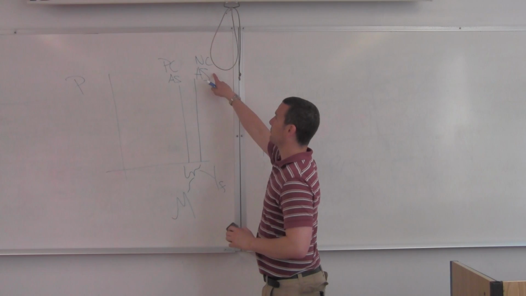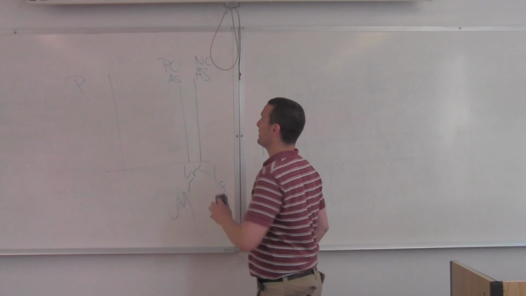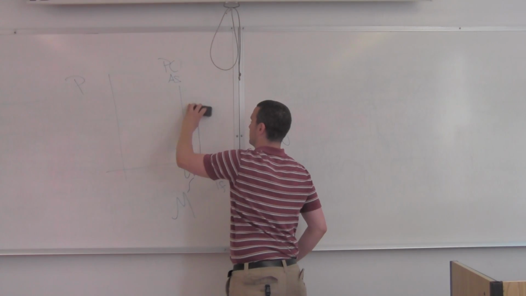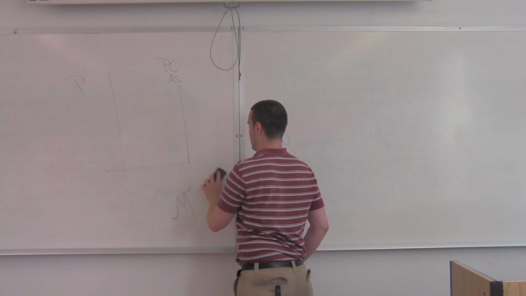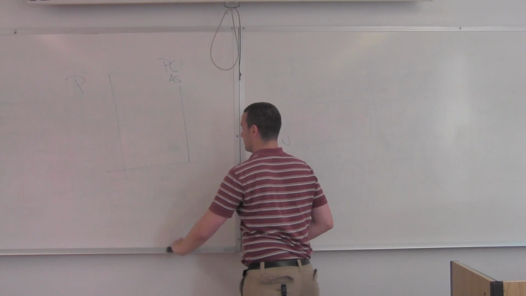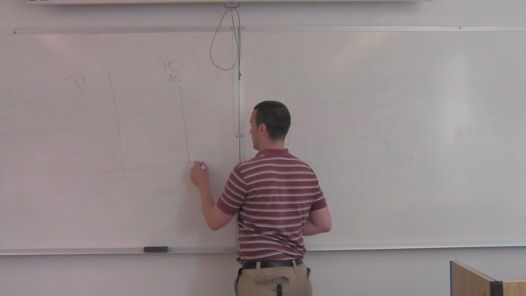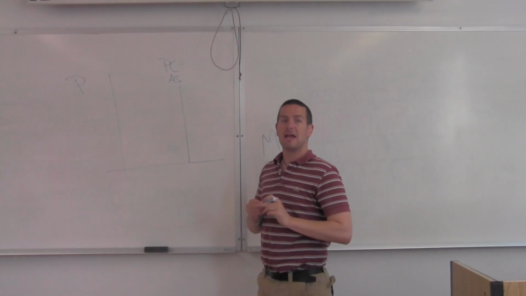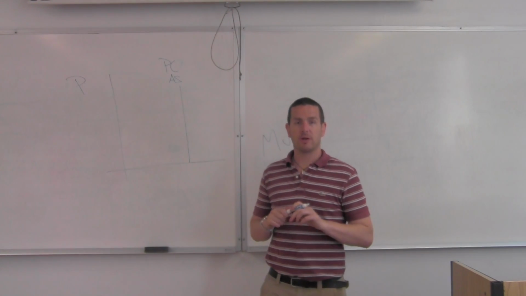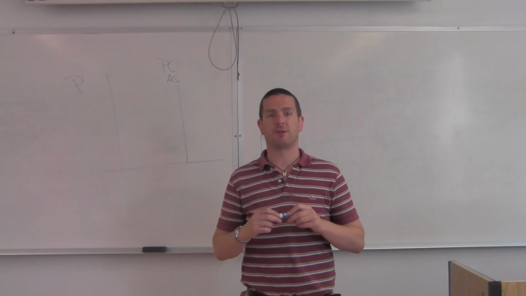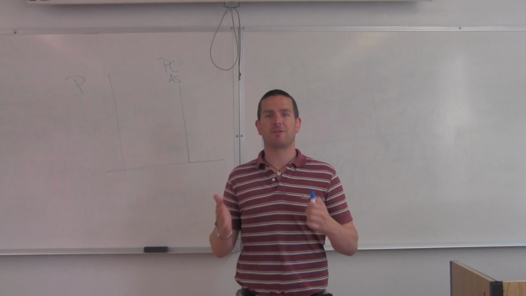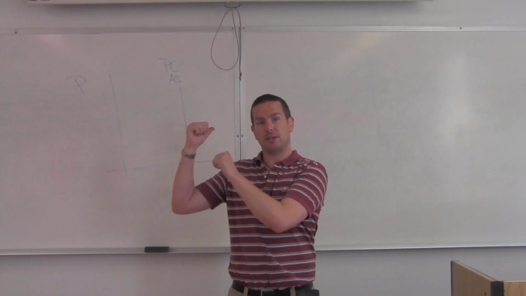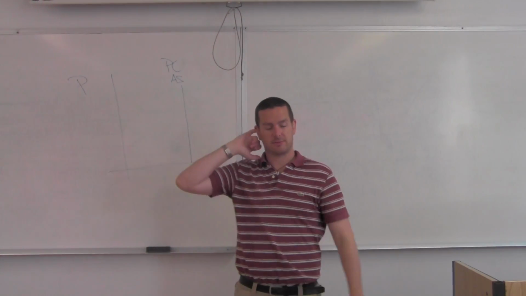So what I'm going to do now is erase the neoclassical aggregate supply curve. I mentioned, and what I'm going to do now, I'm going to try to highlight for you a major difference between Keynes and the neoclassical Keynesian synthesis. Okay?